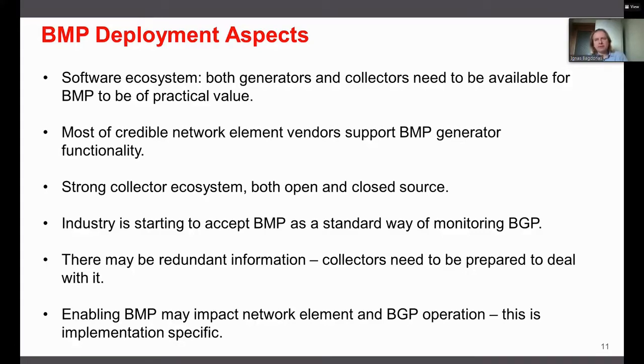You multiply that by the number of your peers, multiply that by the number of prefixes, and add in the path attributes that you are carrying, and very quickly the amount of information which needs to be fed out of the local node into the collector gets quite large.